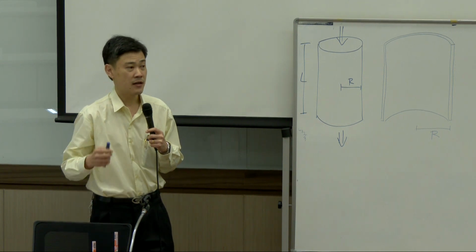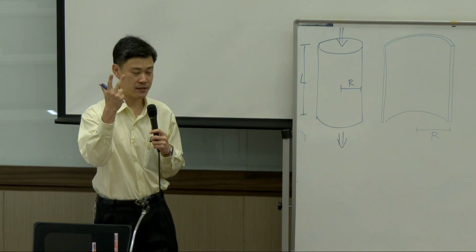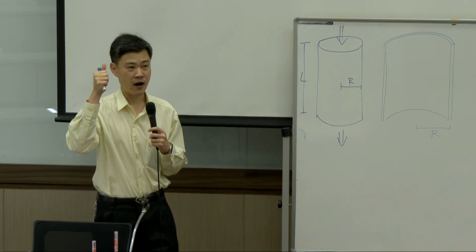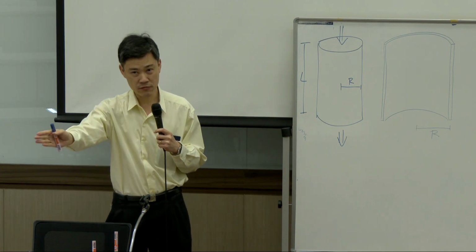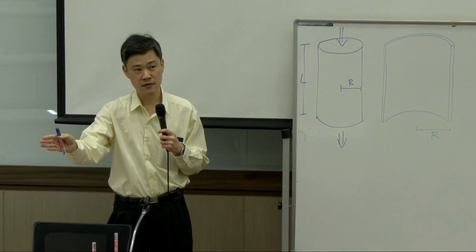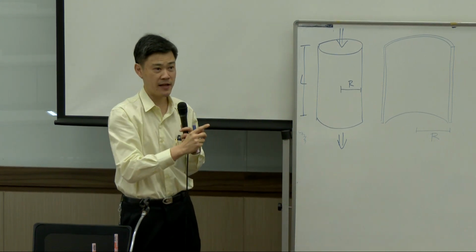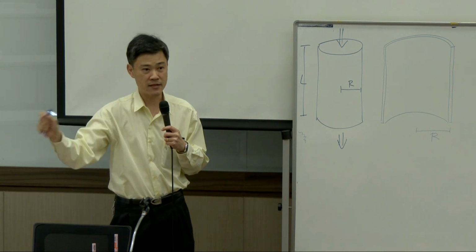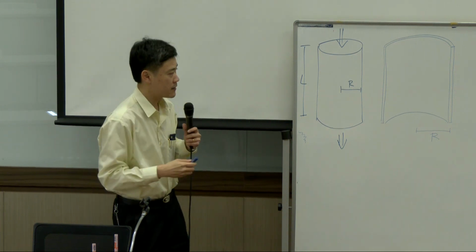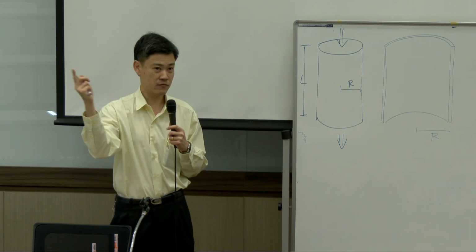In cylindrical coordinate, there are three axes. R means from my center going out. It can go this way, that way. It will be the same as long as you go from the center outward. That's R direction. Theta, you go around.